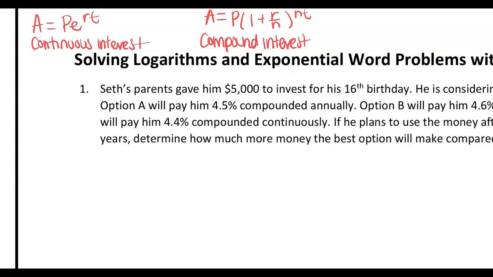And then the last formula that we saw was A of t is going to equal A sub 0, 1 plus or minus r to the t power. This is called your simple interest.